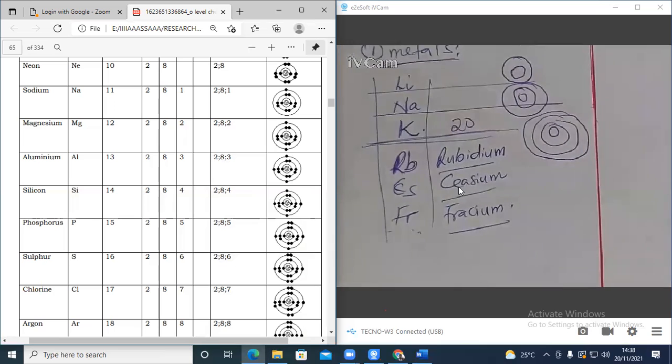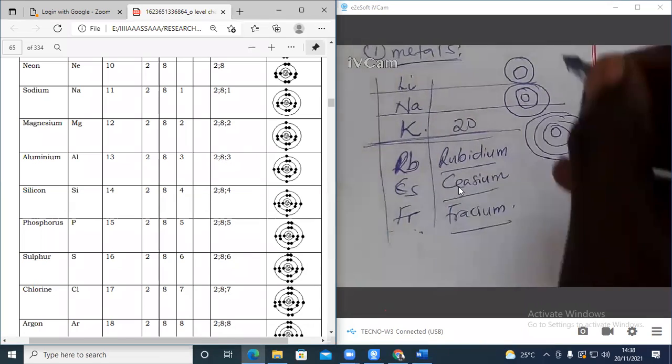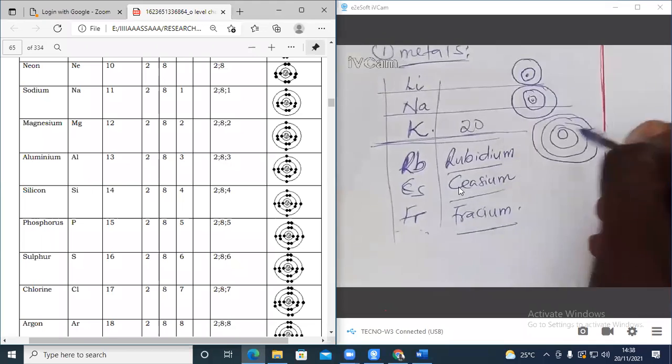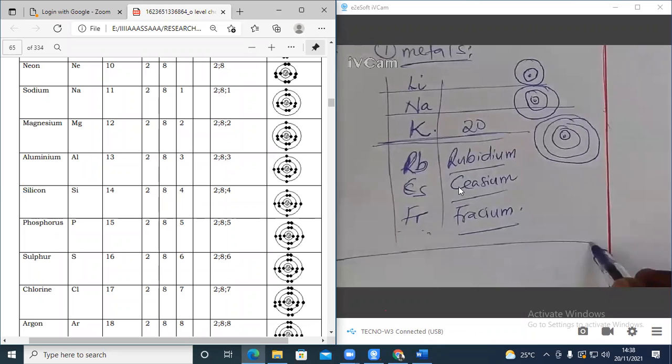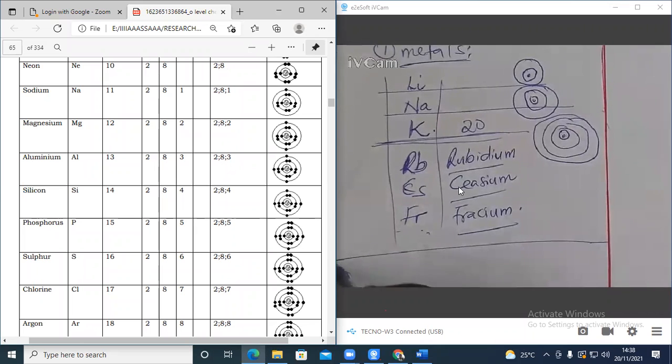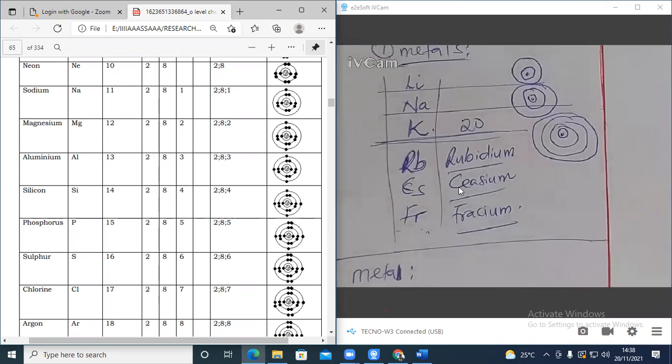Now, if you look at metals, we looked at them as elements that react by, is it loss or gain? How do metals react?